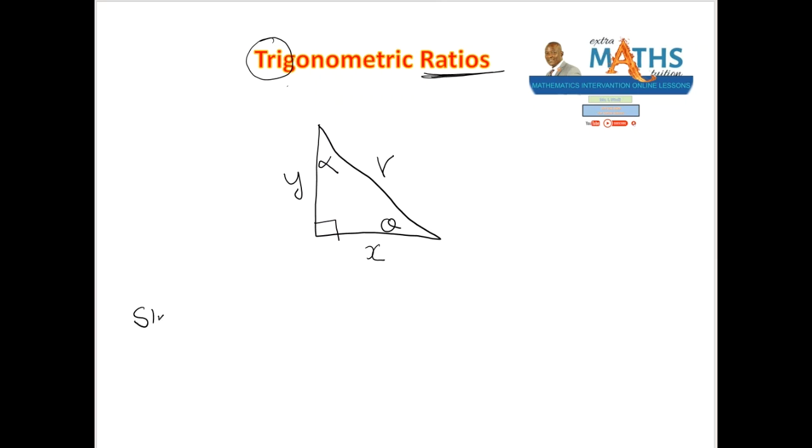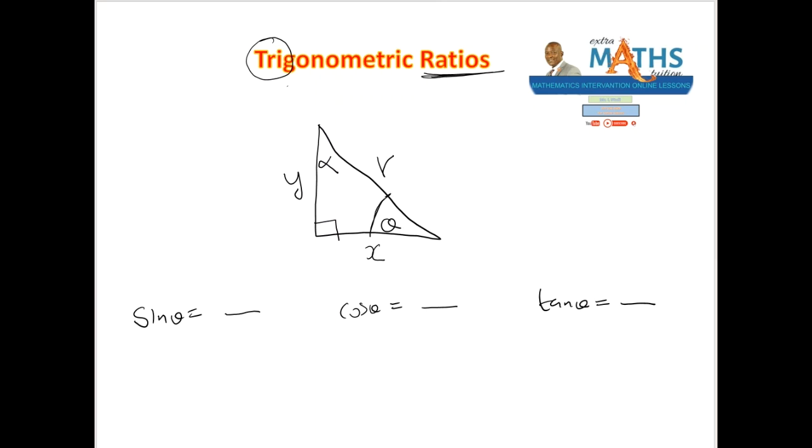The first one is sine theta, the second one is cos theta, and the last one is tan theta. Since it is a ratio, I hope you all remember that a ratio is something divided by something. It means that sine theta will be divided by something, and cos theta will be divided by something.